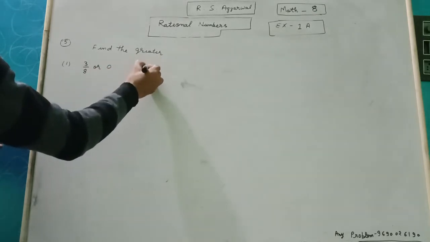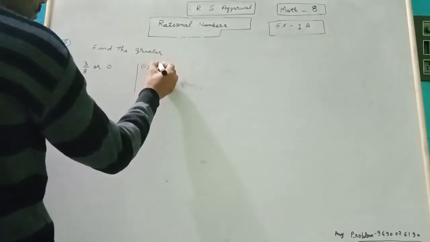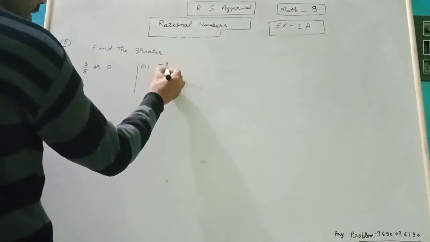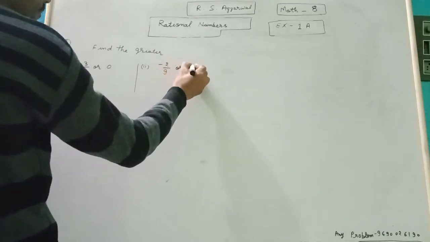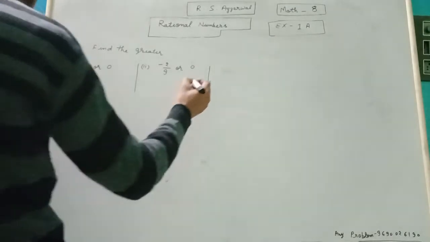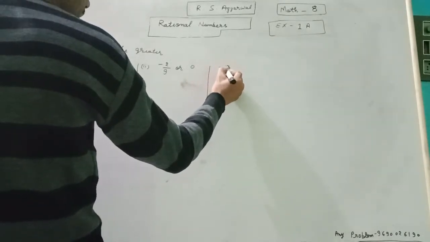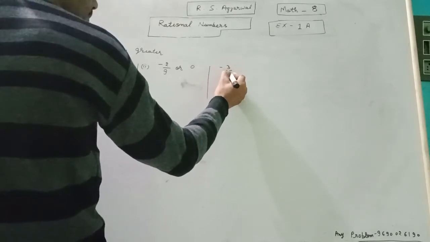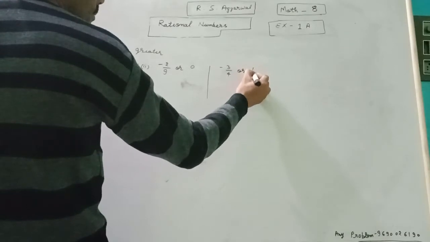Second part is minus 2 upon 9 or 0. Third part is minus 3 upon 4 or 1 upon 4.